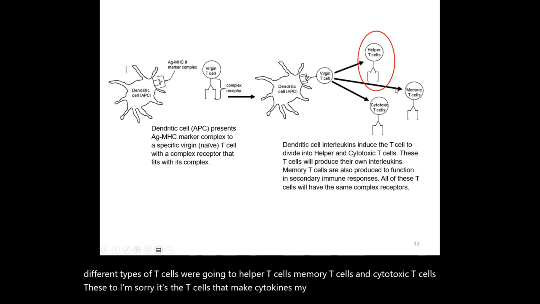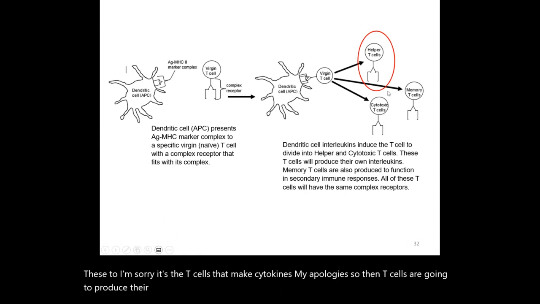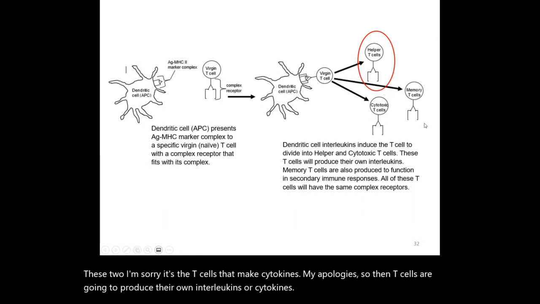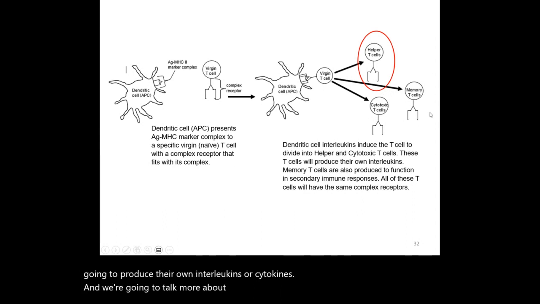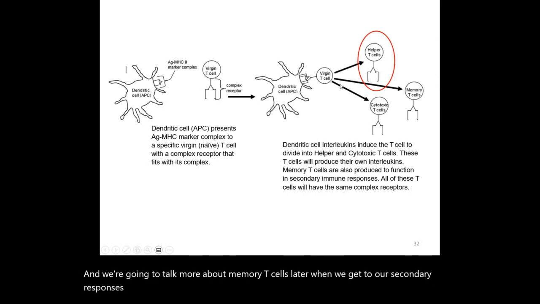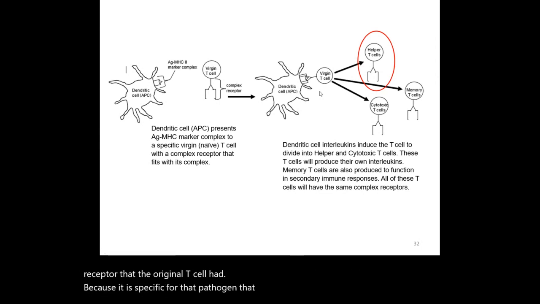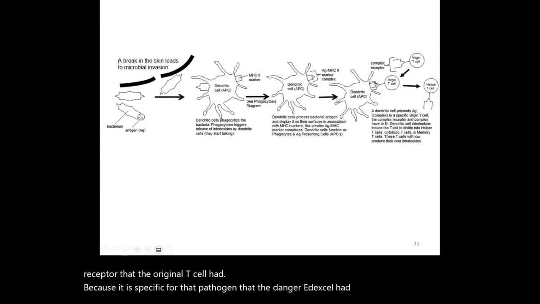So the T cells are going to produce their own interleukins or cytokines, and we're going to talk more about memory T cells later when we get to our secondary responses. But all of these T cells that are made are going to have that same complex receptor that the original T cell had, because it is specific for that pathogen that the dendritic cell had phagocytosed.